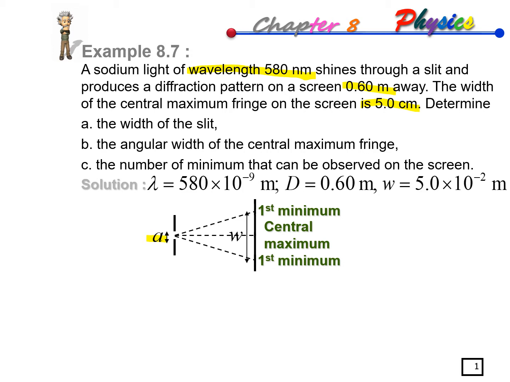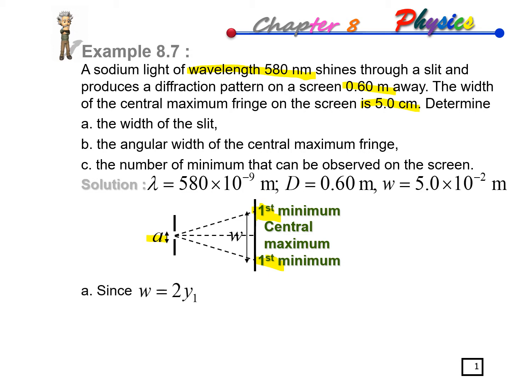The width of the central maximum covers from first minimum up to first minimum. Whenever we have a central maximum, the calculation will always end up with a minimum, so the brightness ends here at the first minimum.